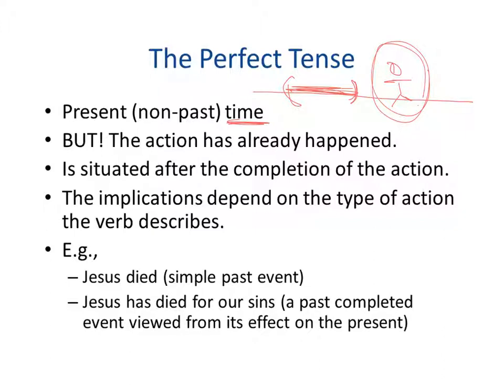So Jesus has died. The time is present, but the action happened in the past. It is completed, and that's part of the aspect. And so that's what we're talking about when we're talking about the perfect tense. This may seem a little bit obscure, but as we go through, we'll see how this can be pretty significant for your exegetical work.